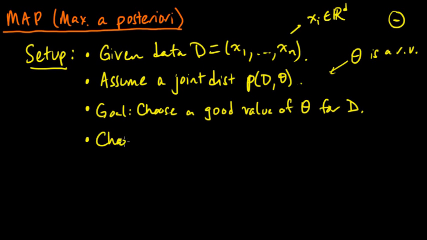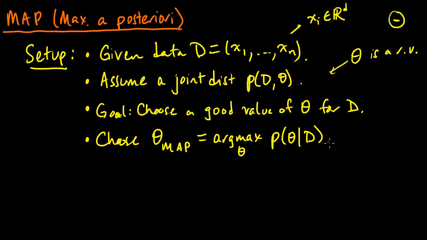And the MAP says, to achieve this goal, choose a quantity, theta MAP, that is a maximum over thetas of the probability of theta given the data. And this is the posterior distribution on theta given the data.